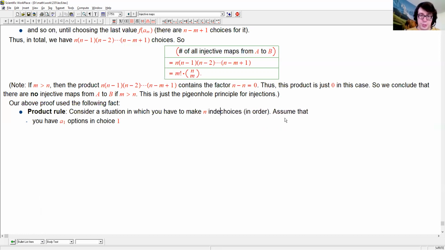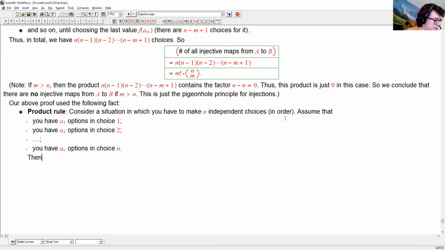So for the product rule, we assume that the choices are independent. You have A2 options in choice 2, and so on, and you have AN options in choice N. Then the total number of ways to make these choices is A1 times A2 and so on times AN. This is just the product rule restated.